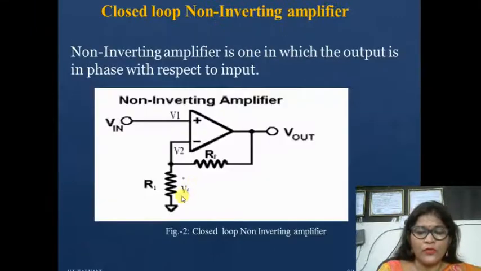Here R1 is the resistance across which we take the voltage, and the voltage across the total network is V naught, so Vf is equal to R1 into V naught upon R1 plus Rf.